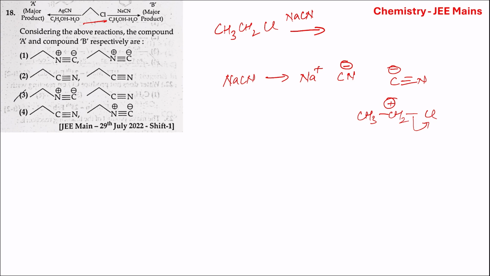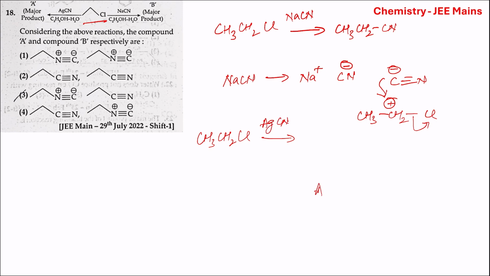CN- ion will attack this positively charged carbon atom, and this carbon having the negative charge will get bonded to the carbon of the alkyl halide. So the main product will be CH3CH2CN, and when CH3CH2Cl reacts with AgCN.